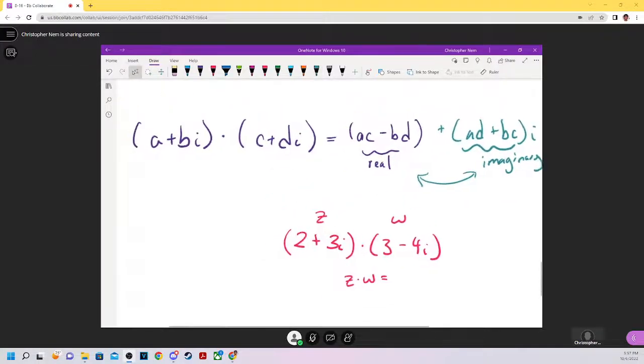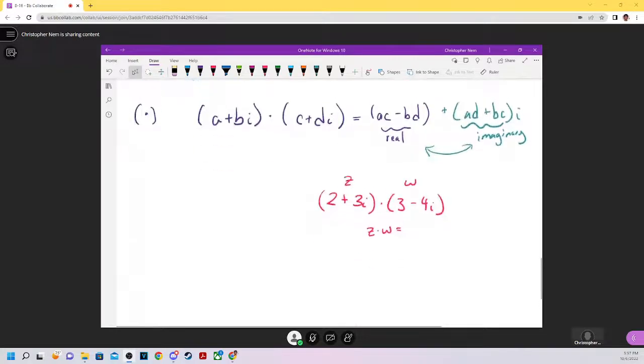So, for instance, let's verify that real quick. Let's actually FOIL this out together. If I were to FOIL out this value right here, foiling says I multiply first, outside, inside, then last.